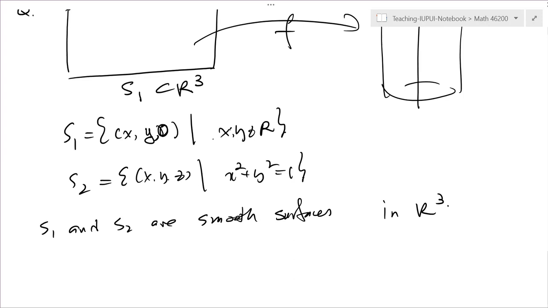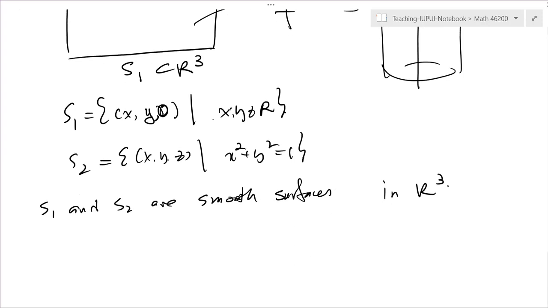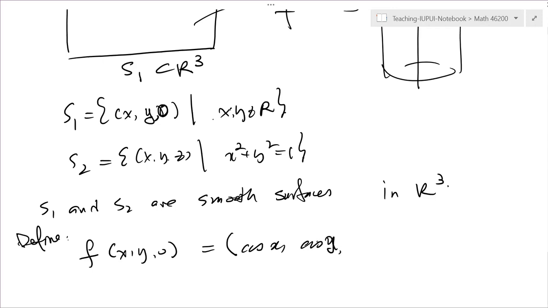So I'm going to define the value of the point to be, it doesn't matter, right? So it's going to be cosine X, cosine Y, sine X.